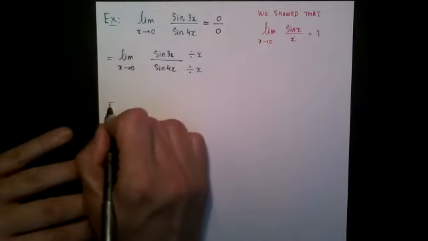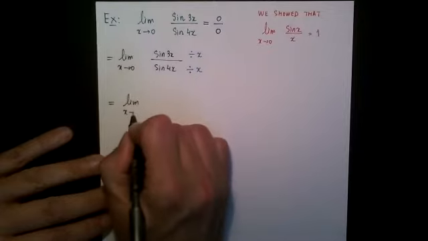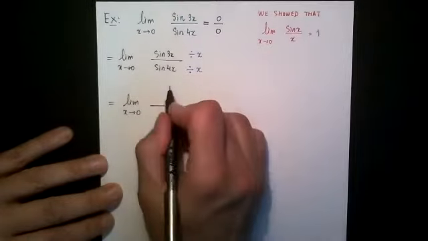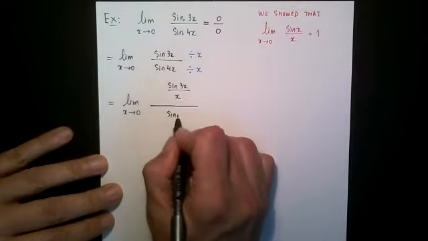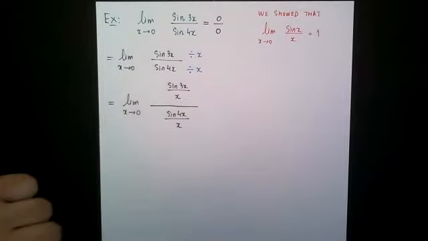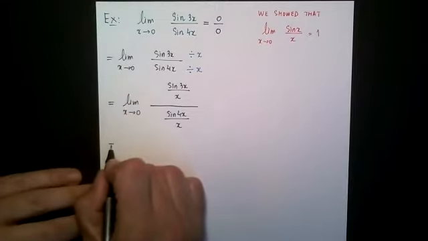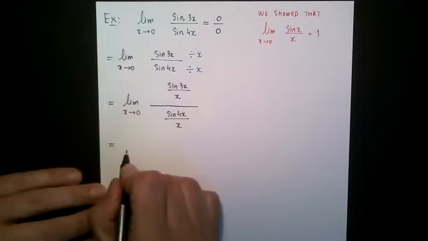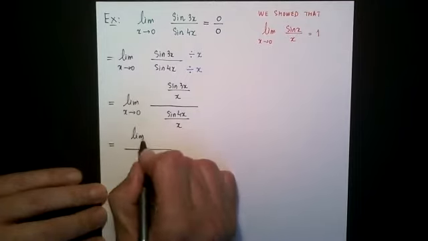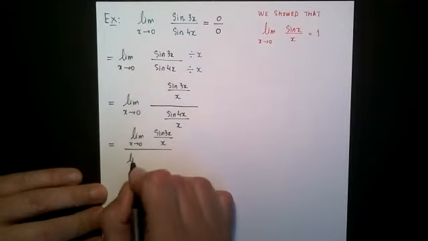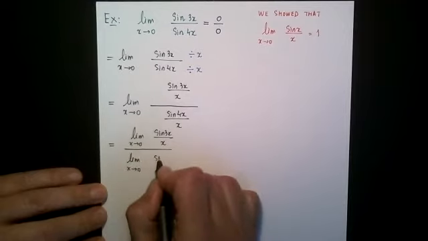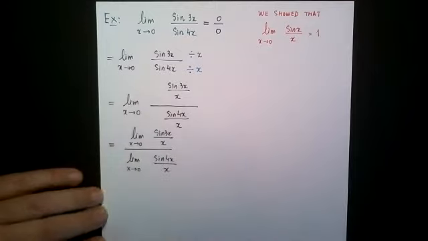That way I have limit as x approaches 0 of sine 3x over x on top, and sine 4x over x on the bottom. Now I'm going to put the limit on top and limit on the bottom: limit x approaches 0 of sine 3x over x, and on the bottom limit x approaches 0 of sine 4x over x.